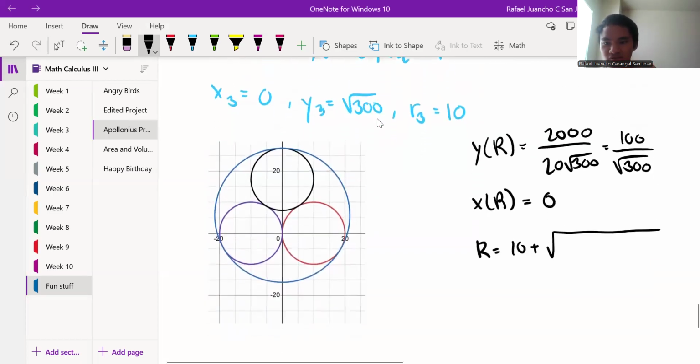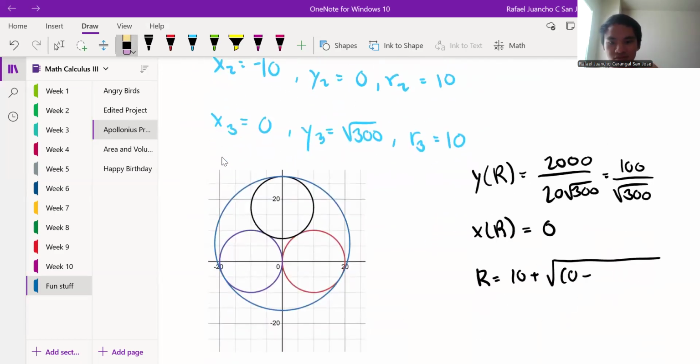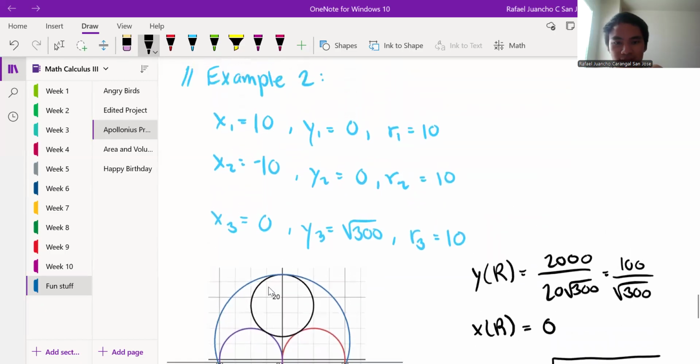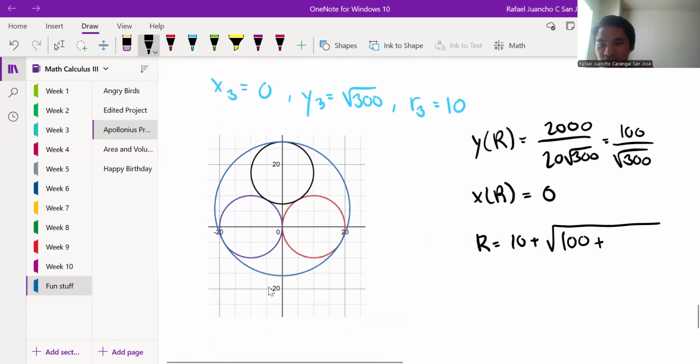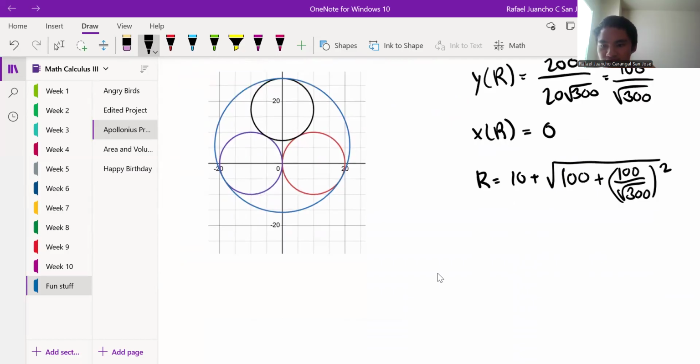Here we have x. So my capital X. So I have 0 here, minus x sub 1. My x sub 1 is 10. Oh, so this is 100 because I'm going to square it anyway. Then I add it to my y minus y sub 1. Yeah, it's 100 over this. But then I square this thing, right? And then I think I just get a thousand. 1, 2, 3, 4.